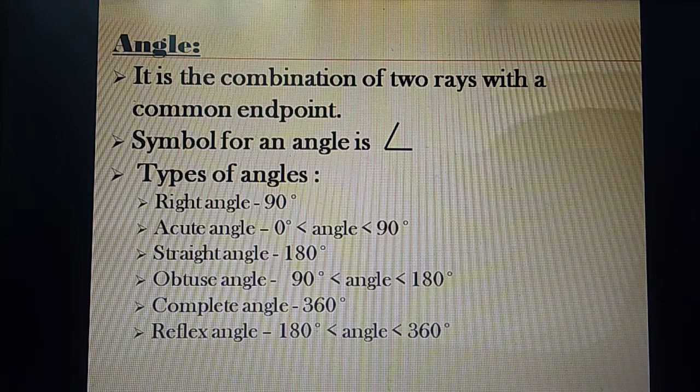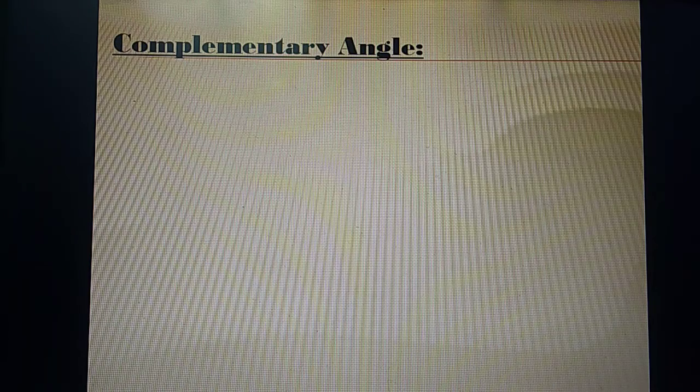Next topic is complementary angle. Now when will you say the pair of angles as complementary angles?